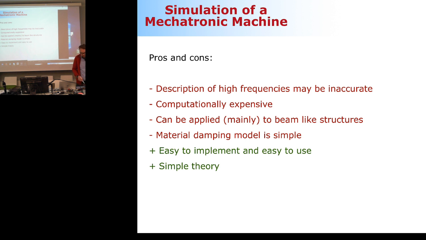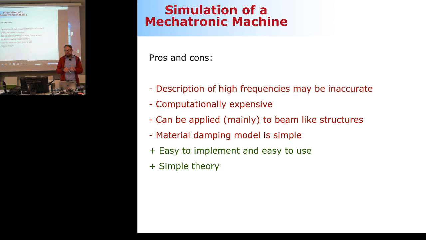Material damping is quite simple. The computational expense actually comes from the fact that this can easily lead to systems that are numerically stiff. A numerically stiff system has very high frequencies and very low frequencies, and this is typically something that integrators have a really hard time dealing with.